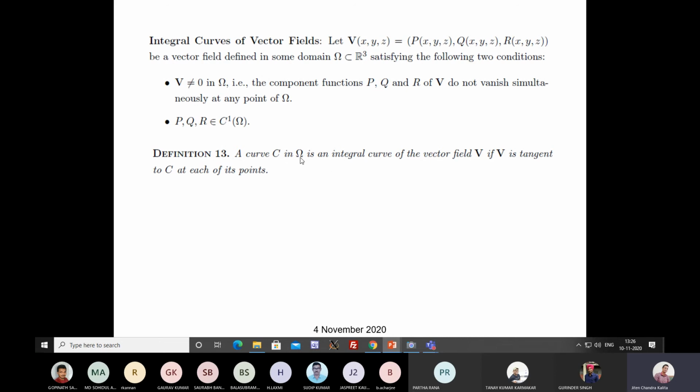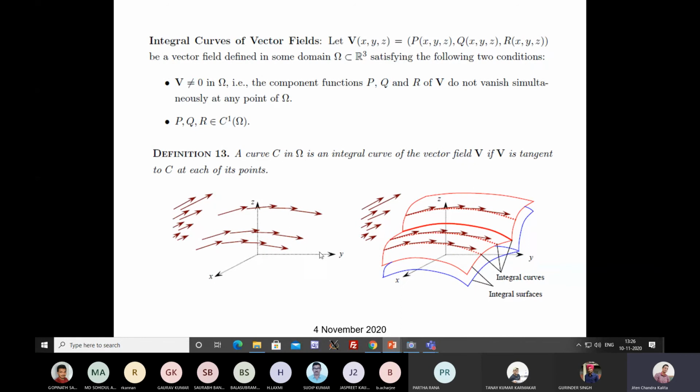As I have told you, this is the definition: a curve C in omega is an integral curve of the vector field V if V is tangent to C at each of its points. So the integral curves are going to look like this. Then I will define integral surfaces, which will come out of unions of integral curves.